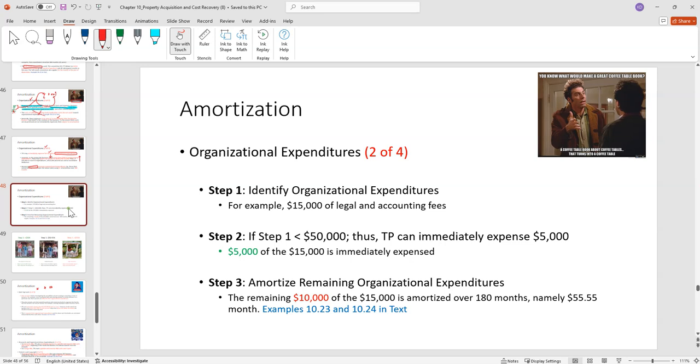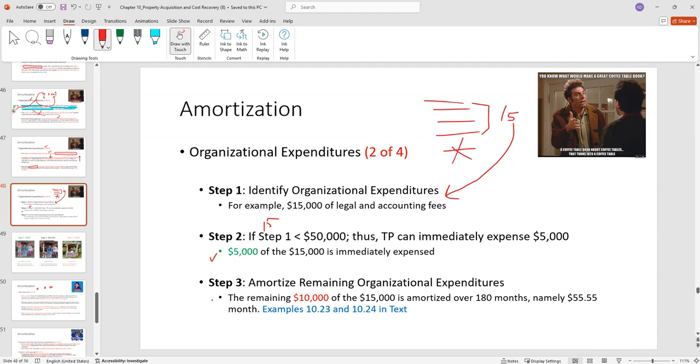Lots of words, right? Let's give this some numbers. Step 1 is identify the organizational expenditures. We list them all out. We know we don't count syndication costs, but it's at 15. That's step 1. Then if step 1 is 15, we can immediately expense $5,000. That's great.